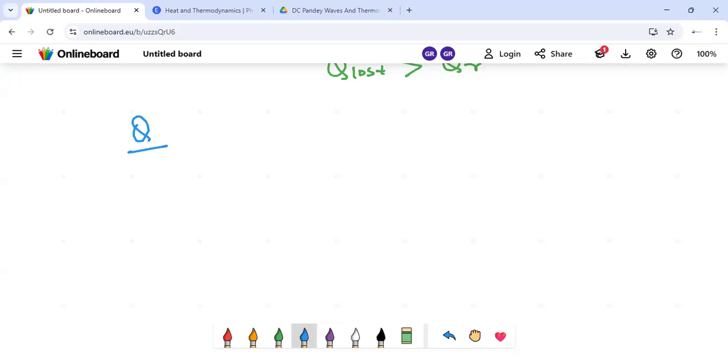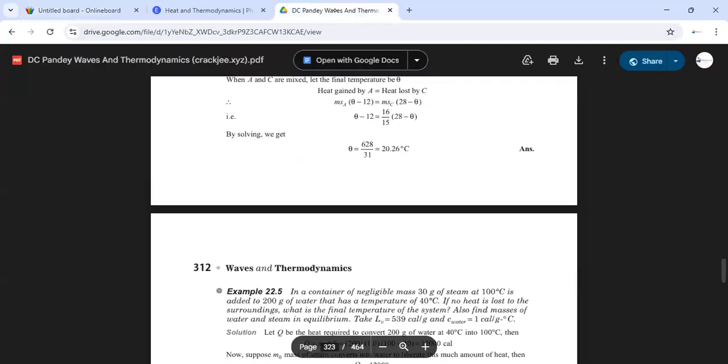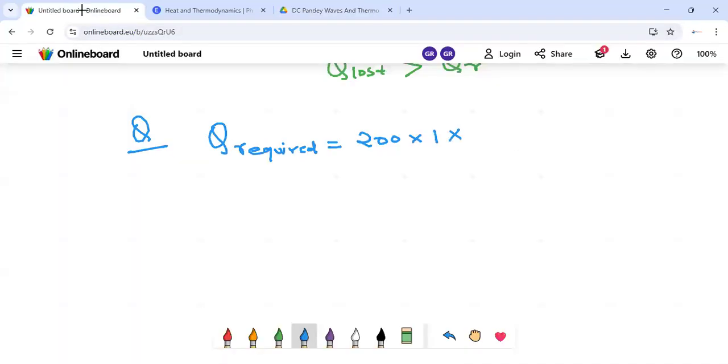So everyone, here we will see that Q received or Q required, whatever you want to say, for water to rise up to 100 degrees, right? There is 200 gram of water, 1 calorie per gram per degree Celsius, and from 40 they are going to 100.